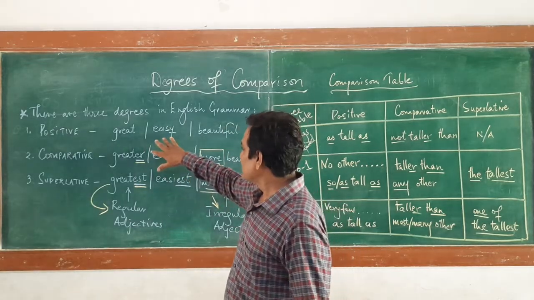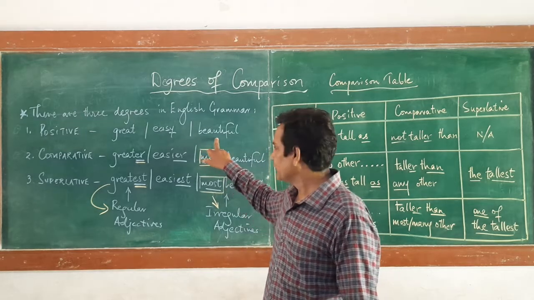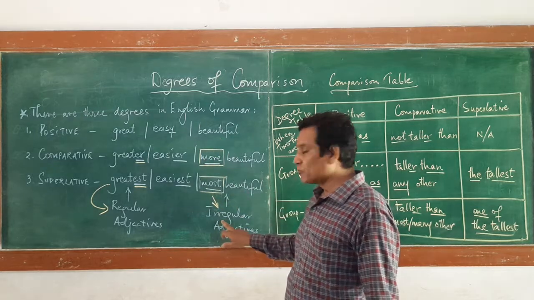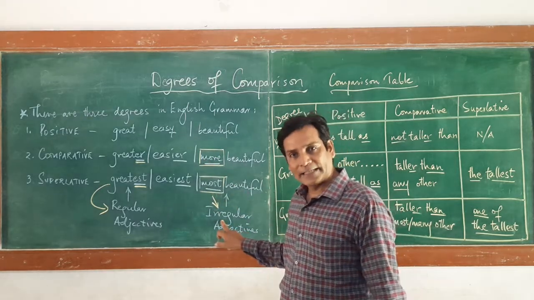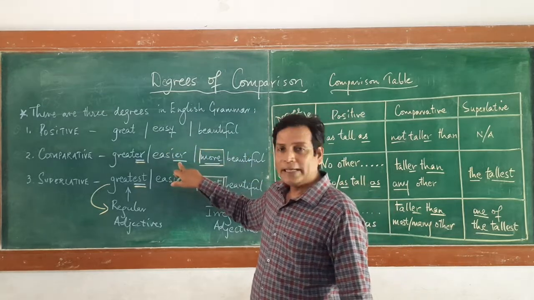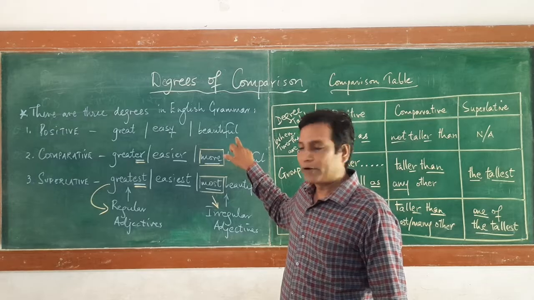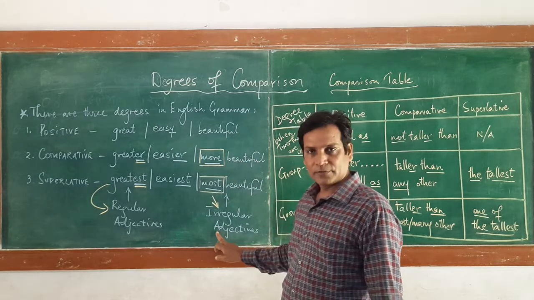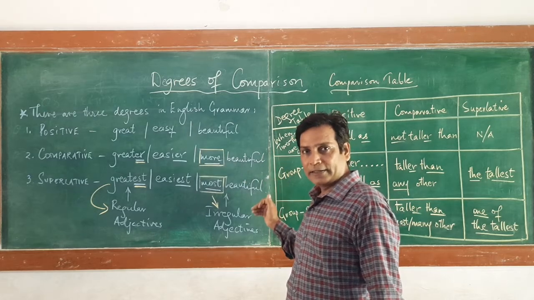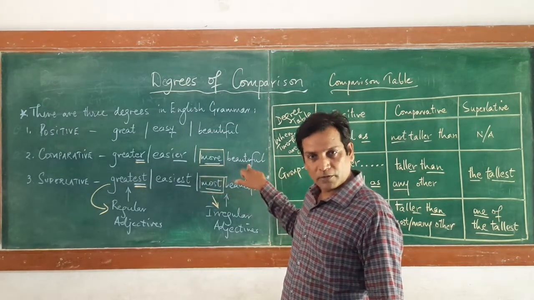Likewise, the next one is the example of beautiful. Beautiful is also an adjective, but it is known as an irregular adjective because we cannot apply er or est with beautiful. So here we don't add er and est at the end, but we add more before the adjective.